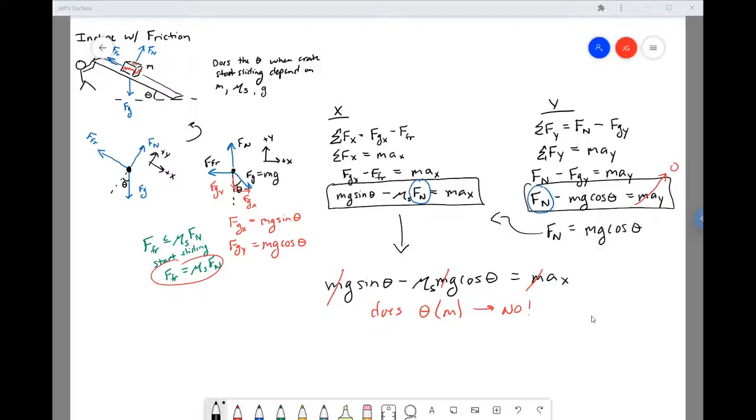I had a little brain hiccup there. I was looking at this and thinking, if I want to solve this for theta, what should I do?